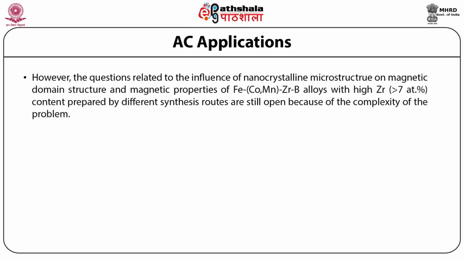However, the questions related to the influence of nanocrystalline microstructure on magnetic domain structure and magnetic properties of iron, cobalt, manganese, zirconium, boron alloys with zirconium atomic percent greater than 7 content prepared by different synthesis routes are still open because of the complexity of the problem.